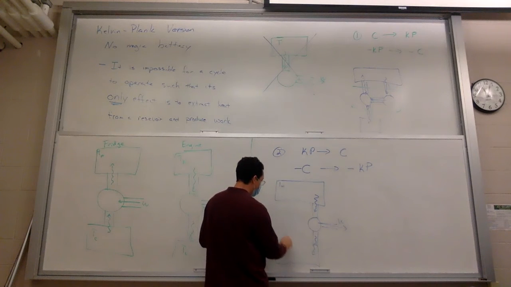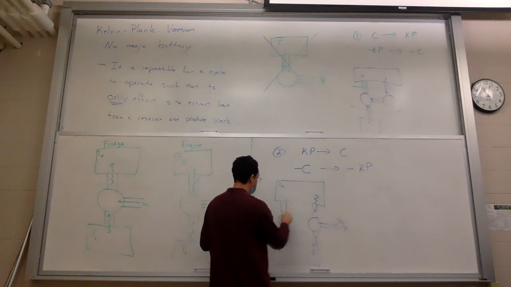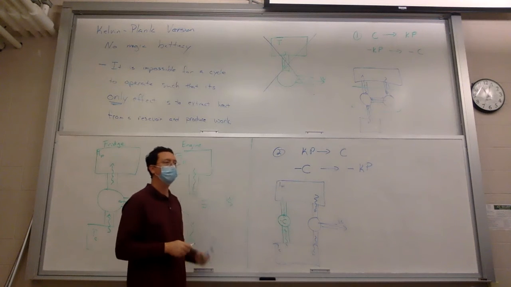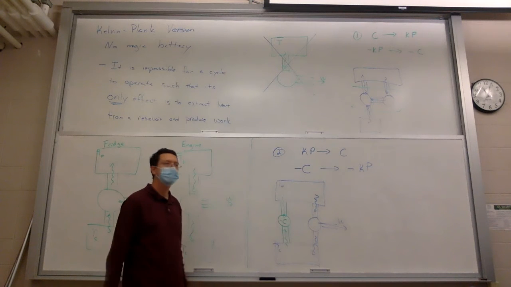Okay, so what I could do is, if I had a magic refrigerator, I would use it to cool off the air. So this is a magic refrigerator, okay? The opposite of Santa Clausius.